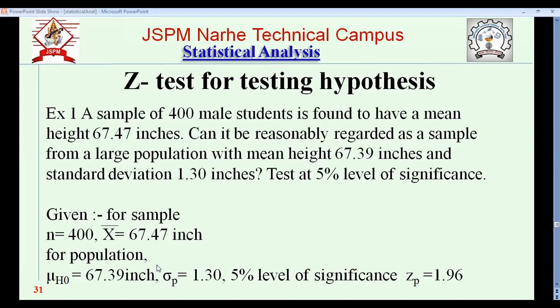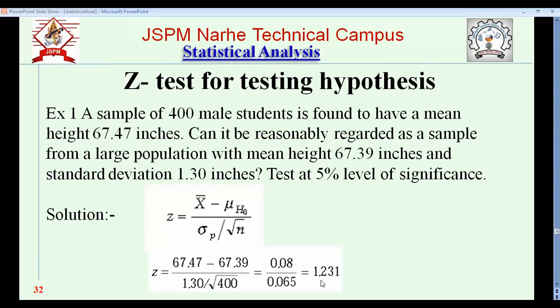Write whatever is given in terms of the variables like n, x bar, mu H0, that is the null hypothesis, sigma of the population, then the Z at 5% level of significance, which you understand from the Z table is plus minus 1.96. Now you put in the equation Z equals x bar minus mu H0 divided by sigma p divided by square root of n. So you substitute the values and you will get the value of Z.